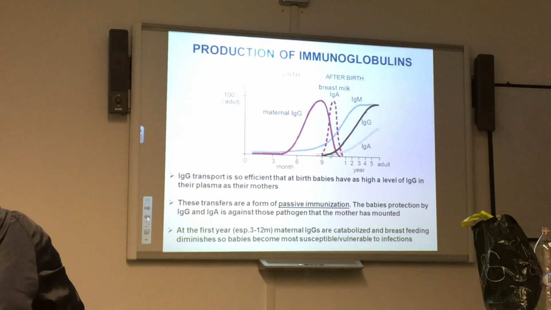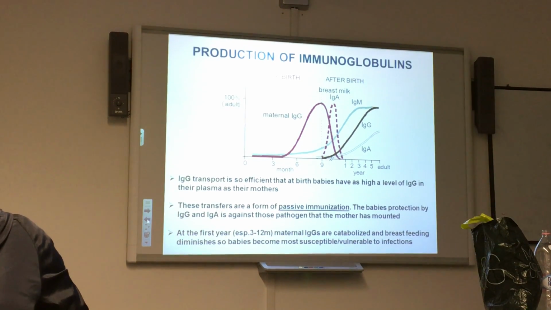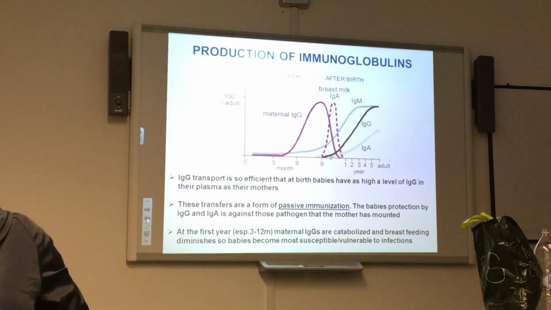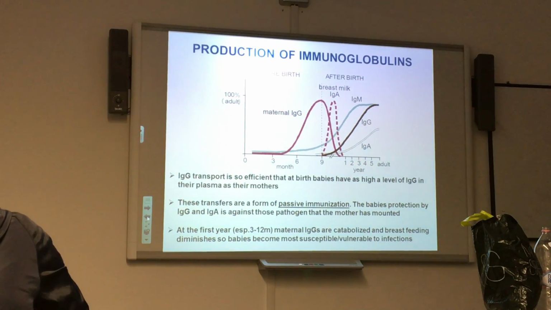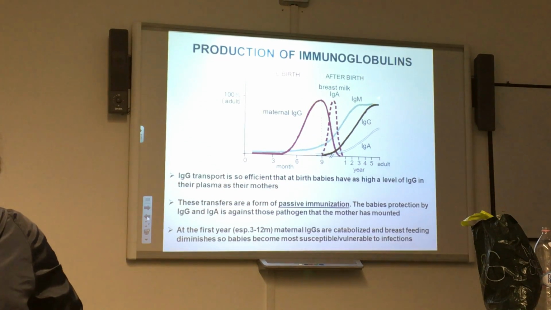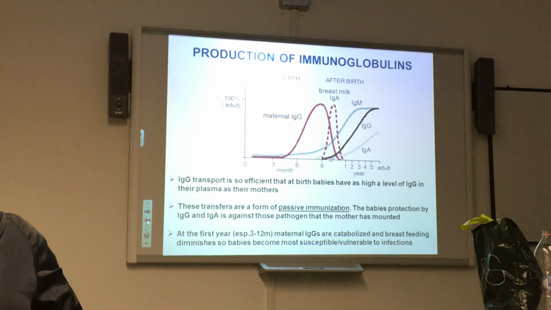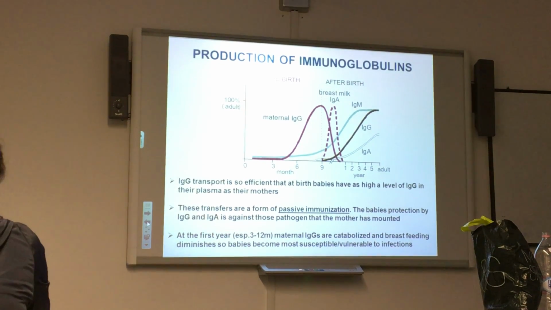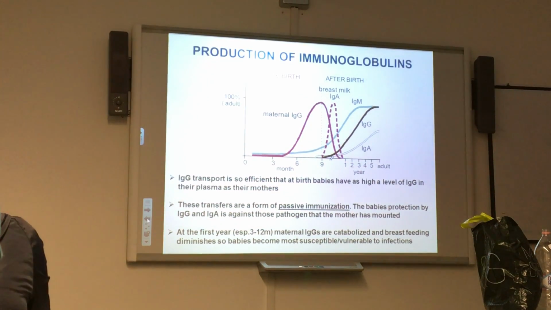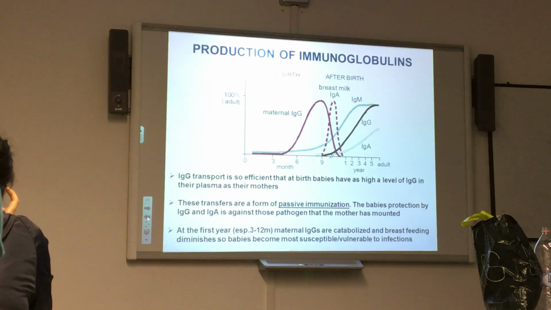Okay, and before birth, the baby also has antibody in their body. It's mother's antibody, isotype of IgG. After birth, through the milk, the baby will get IgA isotype of antibodies, and develop the IgM and IgG producing plasma cells after 1 year and later.